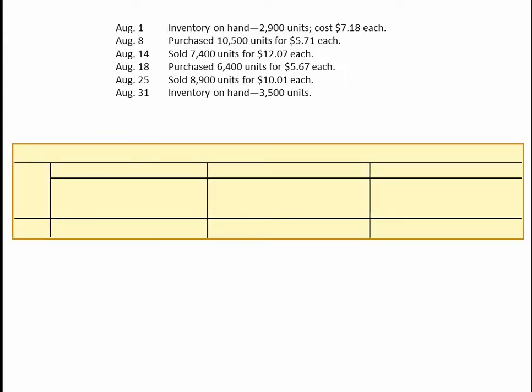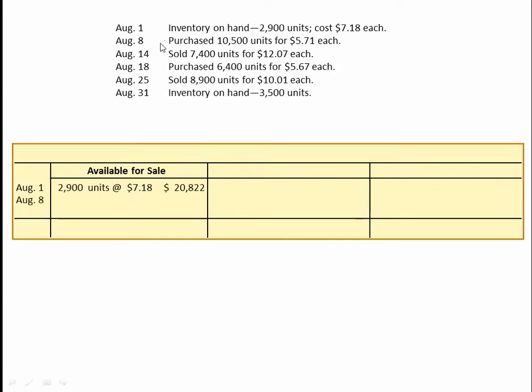So here we go. We have available for sale. As of August 1st, inventory on hand is 2,900 units at $7.18 apiece, and that totals to 20,822. Remember, we're looking to calculate available for sale.